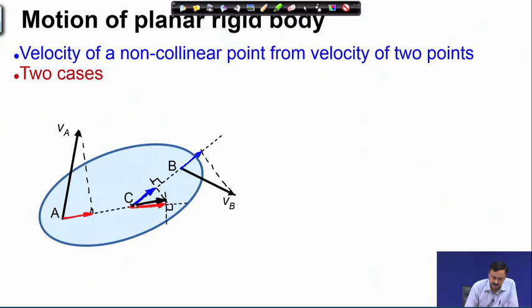Why it must be this? Because its projection along CB is the blue vector, as you can see very easily, and its projection along AC is the red vector, as you can see. So, this black vector must be the velocity of point C.